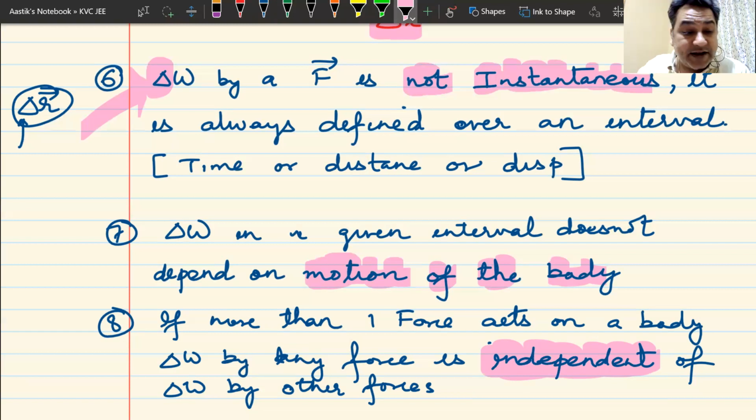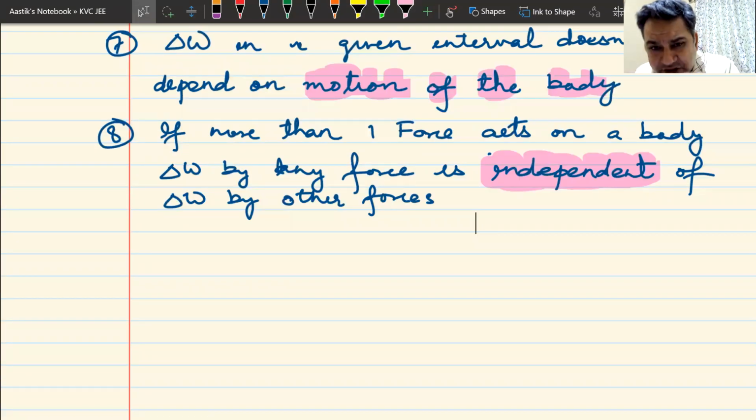And if I ask you, on what factor does the work done by gravity depend? Work done by gravity only depends on the gravitational force, and it depends on the displacement of the particle, how much the particle has displaced. Work done is F dot dr. So it depends on displacement, it depends on the force, and it depends on the angle between force and displacement. It does not depend on whether other force is acting or not.